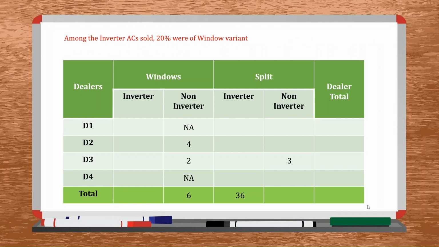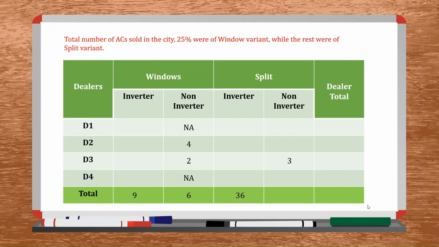Next, we know that out of the inverter ACs sold, 20% were of the window variant. So split is 80%, and 80% is 36. So the total would be 45, and hence window inverter would be 9.